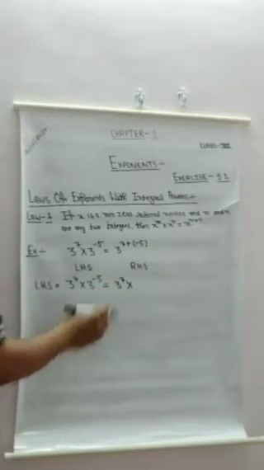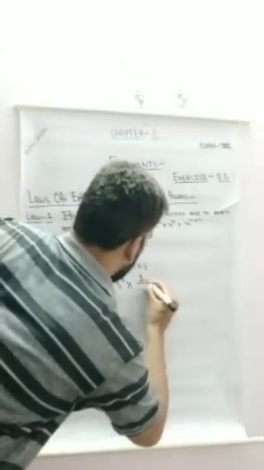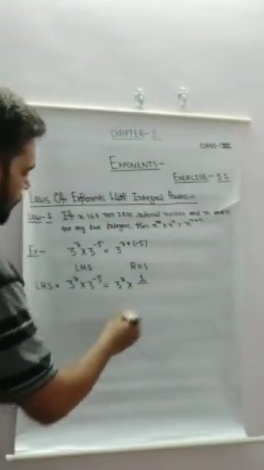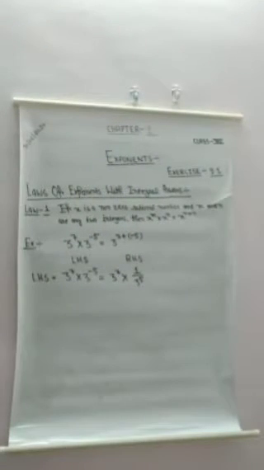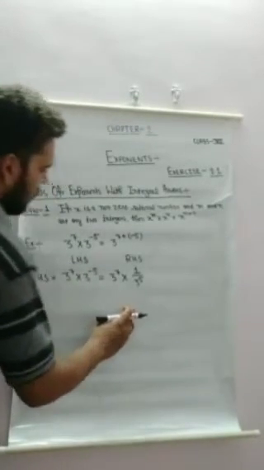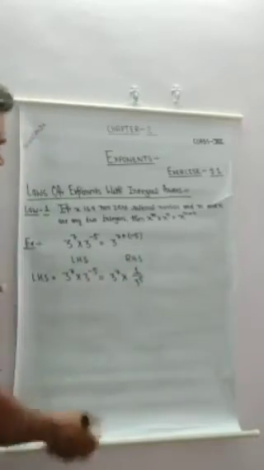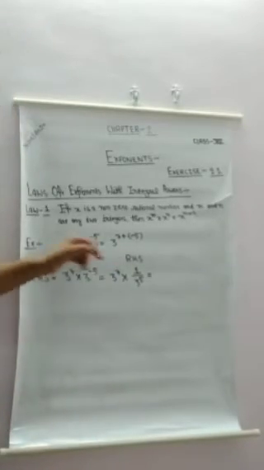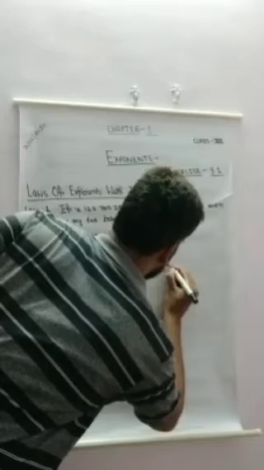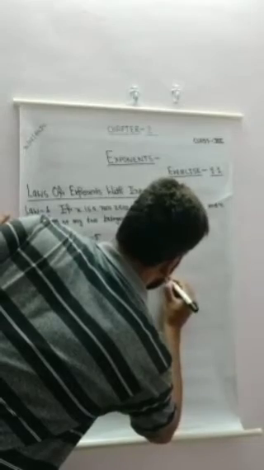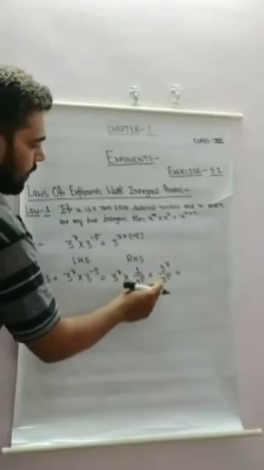We can write as 1 upon 3 raised to power 5, because we know that a raised to power minus n is equal to 1 upon a raised to power n. 3 raised to power 7 into 1 upon 3 raised to power 5 is 3 raised to power 7 divided by 3 raised to power 5.